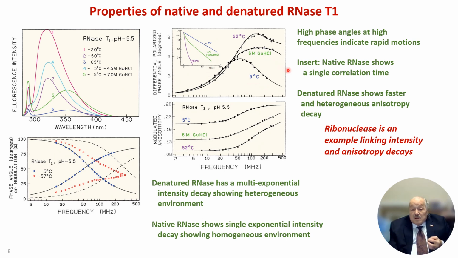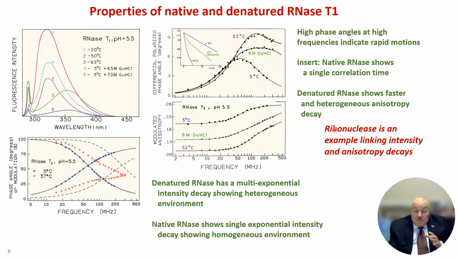In the frequency domain, these rapid motions of the tryptophans always show up at higher phase angles and higher frequencies. So for those of us who have looked at a lot of these frequency responses, we knew immediately this meant there's a sub-nanosecond correlation time in there, probably 100 picoseconds or so.